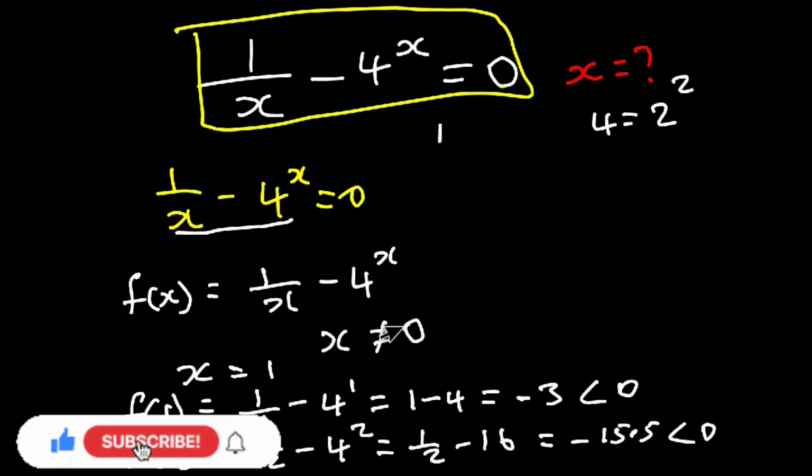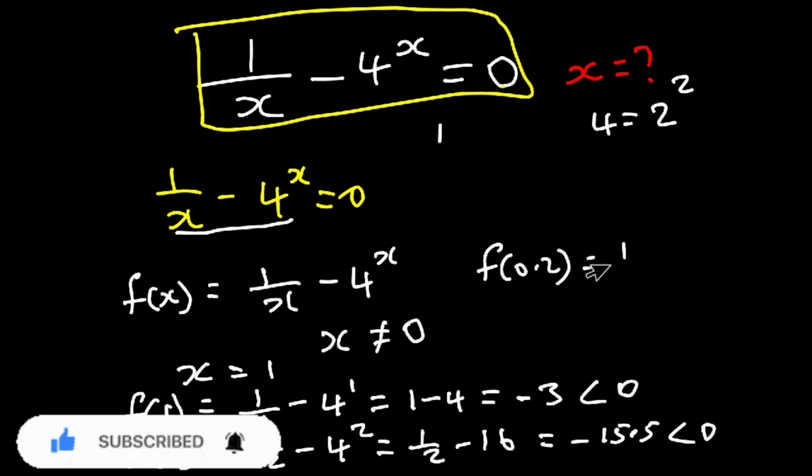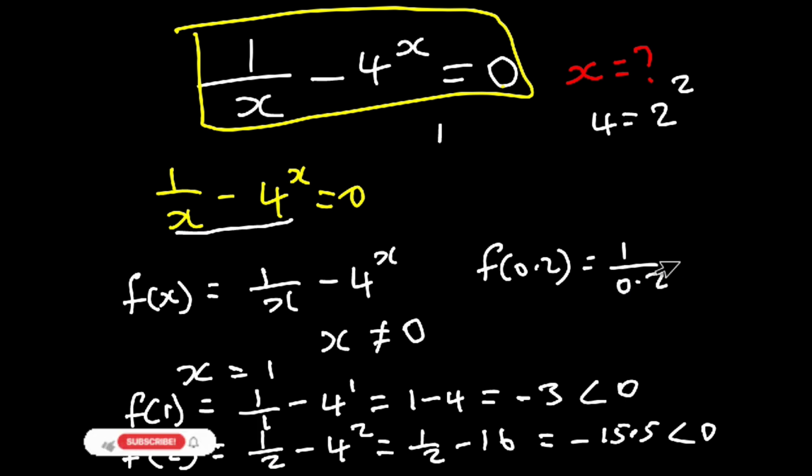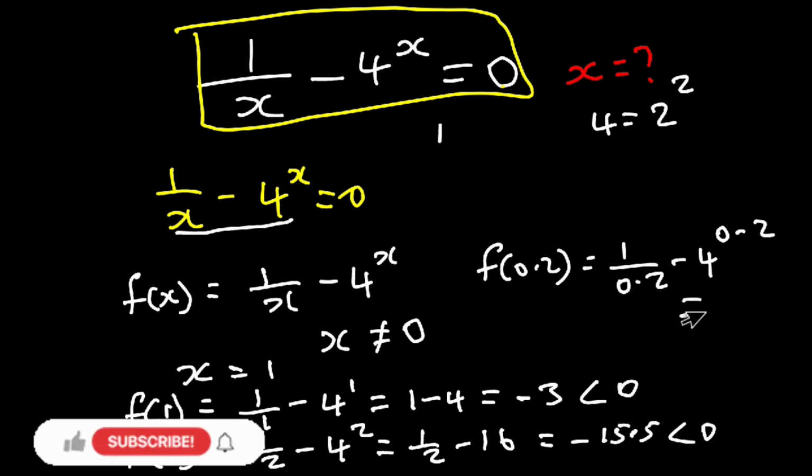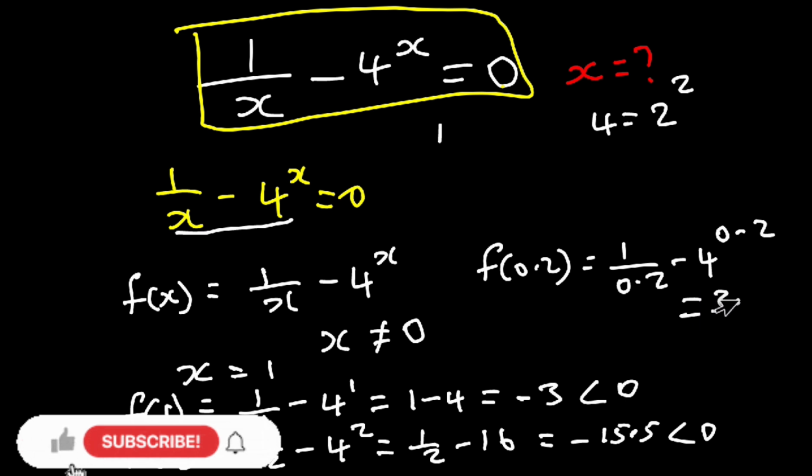Let's test 0.2. So f of 0.2 is equal to 1 over 0.2 minus 4 to the power of 0.2. So if you punch that in your calculator, this is going to be equal to 3.68, which is greater than 0.